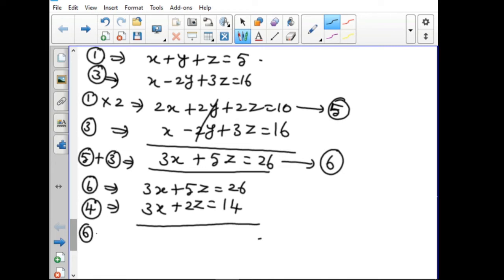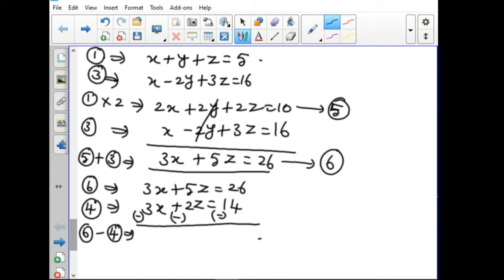So equation 6 and 4 we are going to subtract, which means we have to change the sign of the next terms. 6 minus 4. Subtracting means we have to change the symbol. Here no symbol means plus; plus changes into minus, plus also changes into minus.